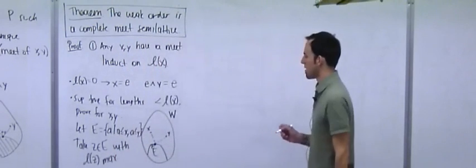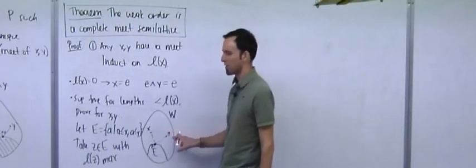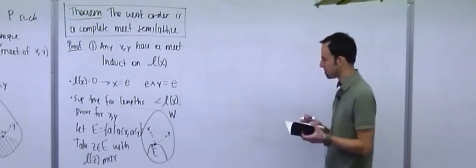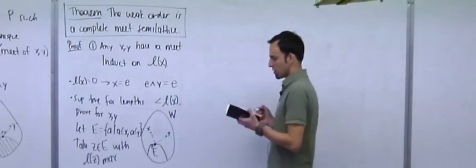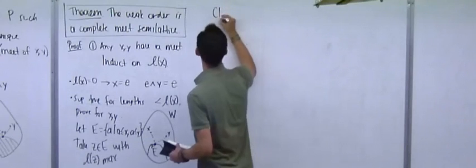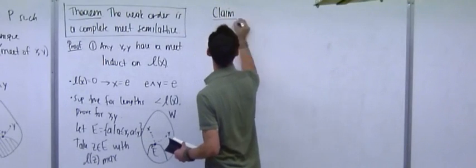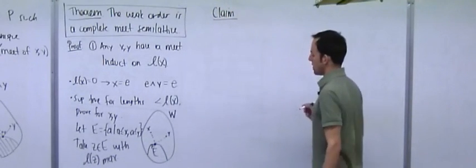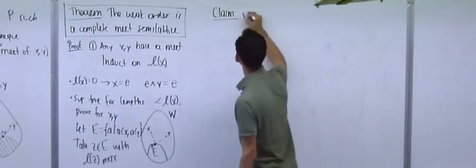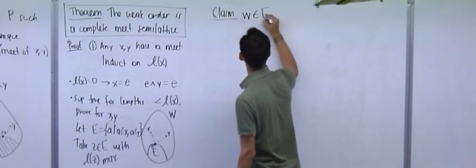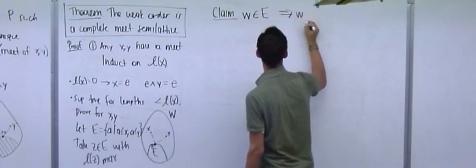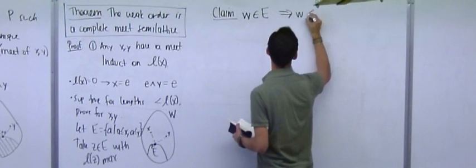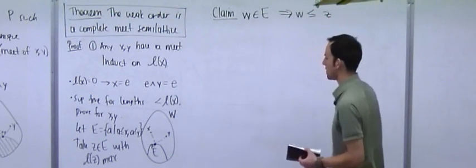Okay? And I claim that this z is the meet of x and y. That's what I'm going to prove. So to prove that, basically I need to show that if w is in E, then w is less than or equal to z.